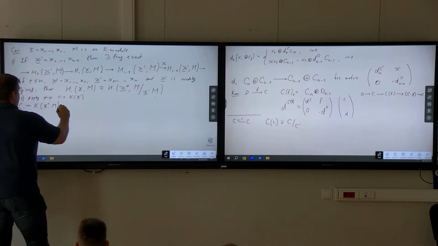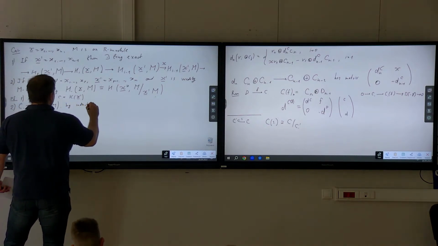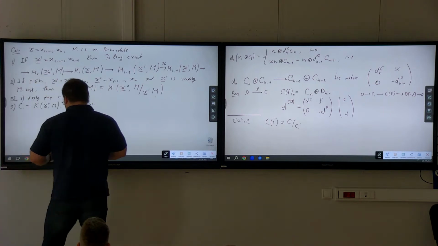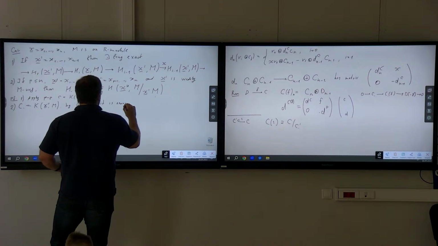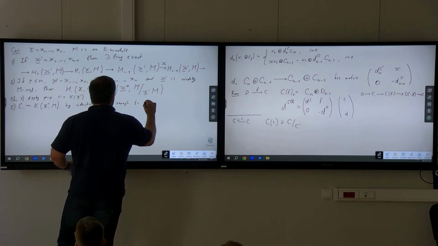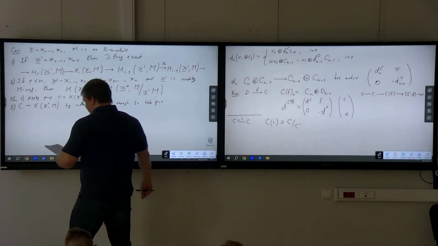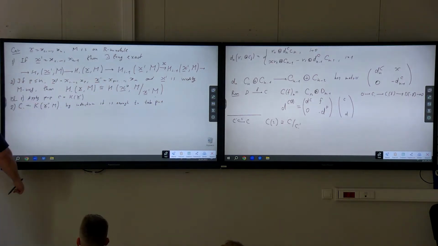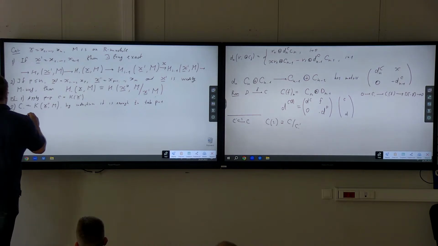I don't use induction. So by induction, it is enough to take p equal to 1. So then we have a short exact sequence with M.